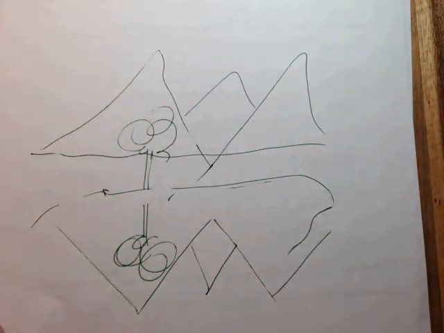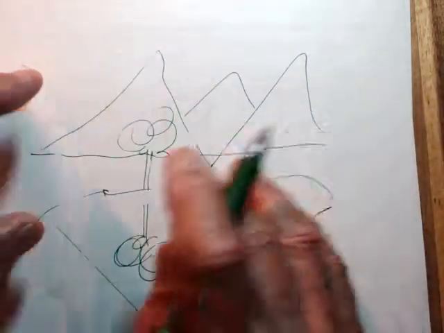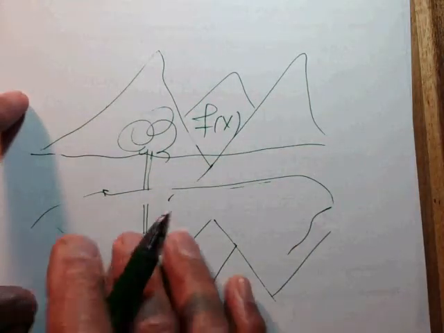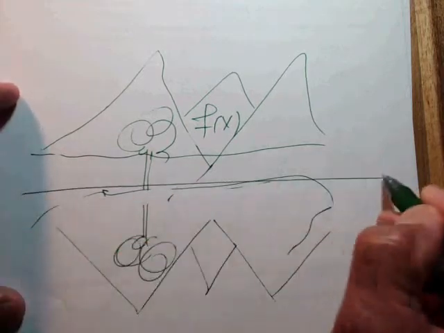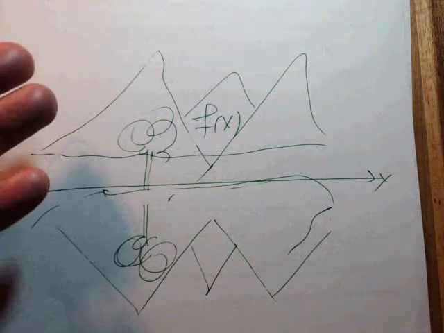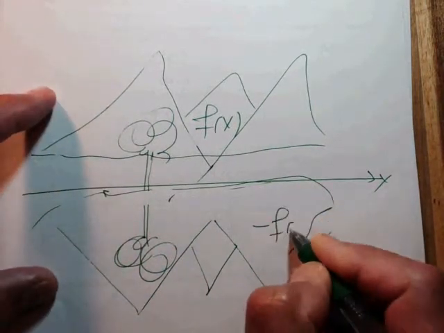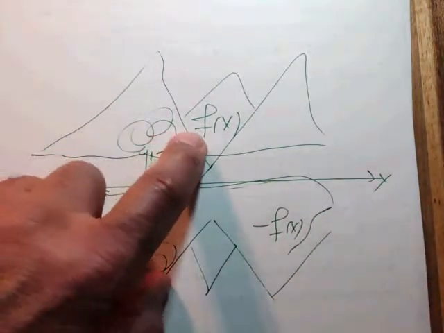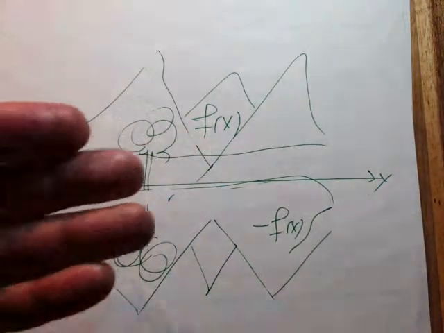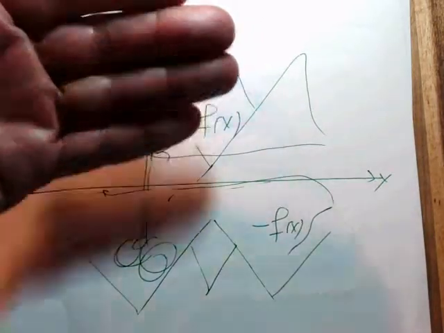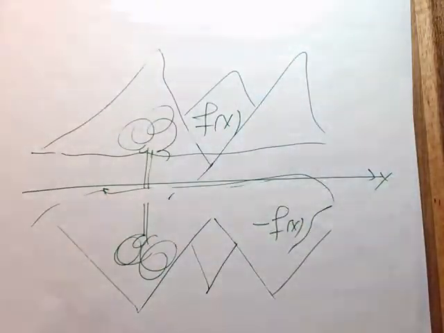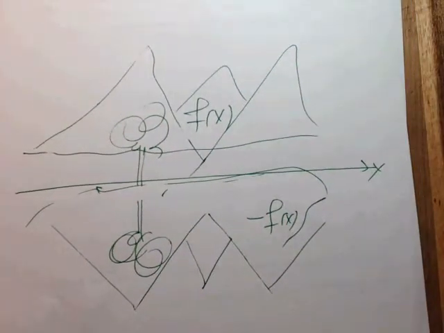So if I think of these mountains and everything as f of x, and this is the x-axis here, then this is a reflection in the x-axis, and I call this minus f of x. When you multiply your graph by a minus, what happens? Everything above the x-axis goes below the x-axis, and everything below the x-axis goes above it.